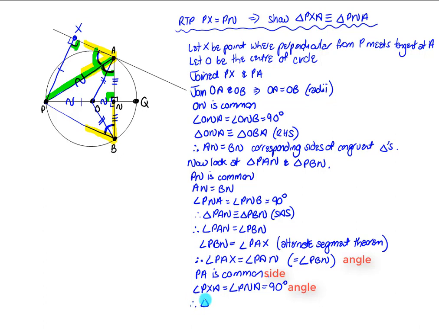So therefore, triangle PXA is congruent to triangle PNA, and that's because of AAS. So therefore, PX has to equal PN because they're corresponding sides of congruent triangles.